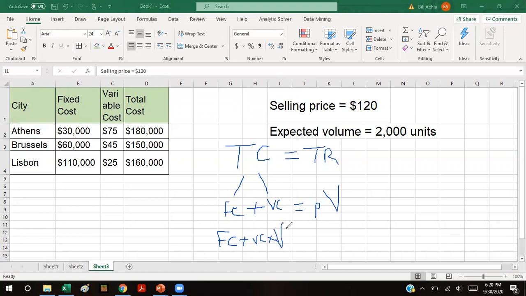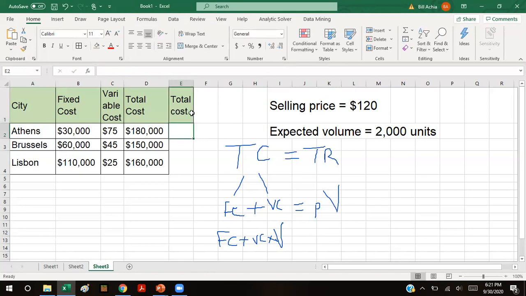Because if your variable cost is $1 per unit and I sell 2,000 units, then my variable cost will be $2,000, okay? So let's keep that in mind and let's go figure out what the total cost is going to be when you have an expected volume of 2,000 units here. So let's have this as total cost.